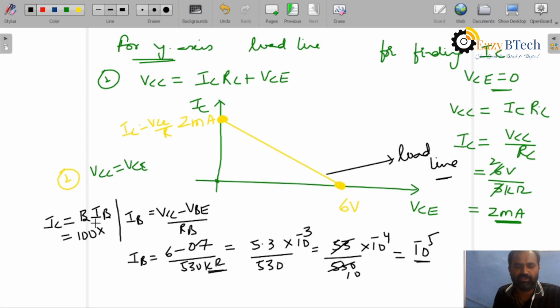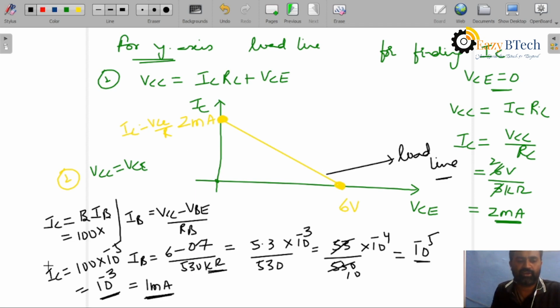This is the value of IB. Now you will get IC is equal to 100 into 10 power minus 5. You are getting 100 into 10 power minus 5, you will get 10 power minus 3. Now 10 power minus 3 is 1 milliamp.